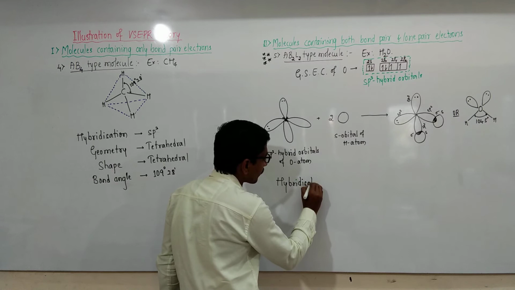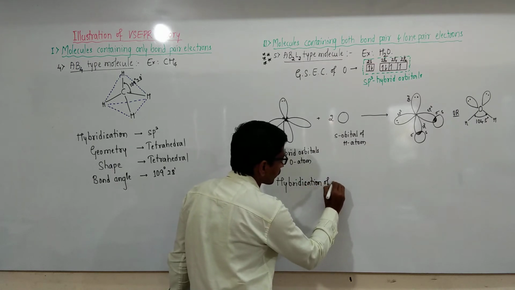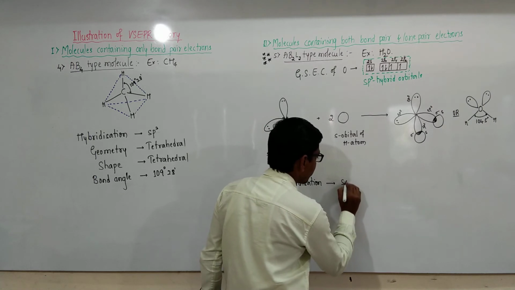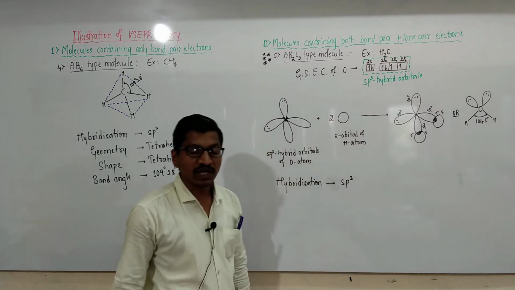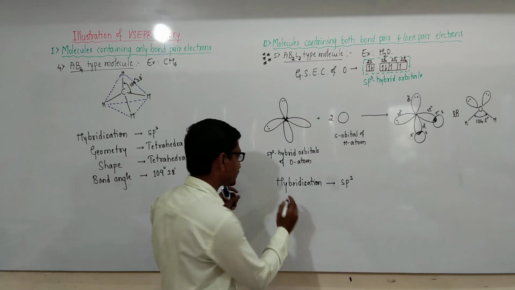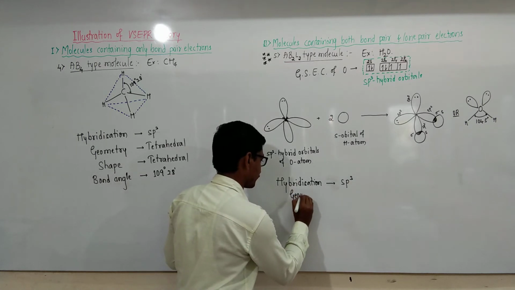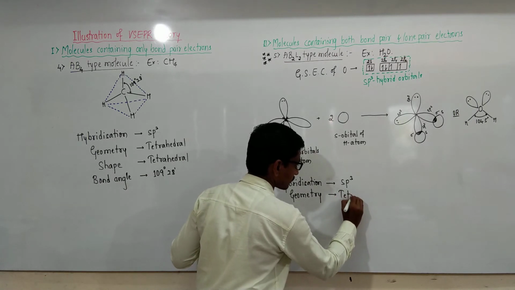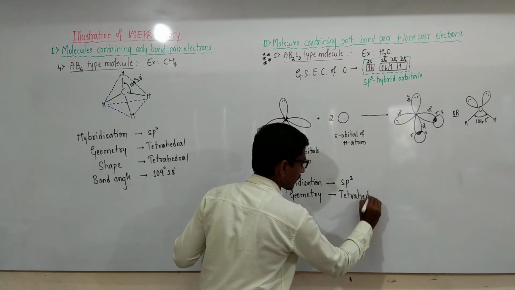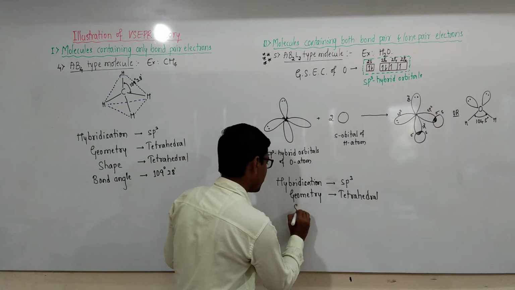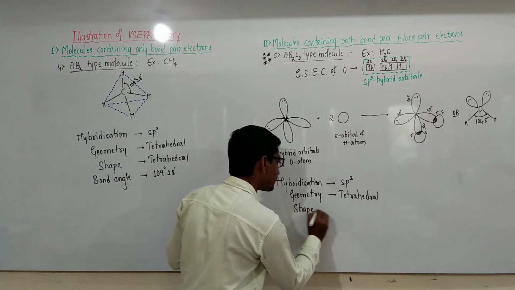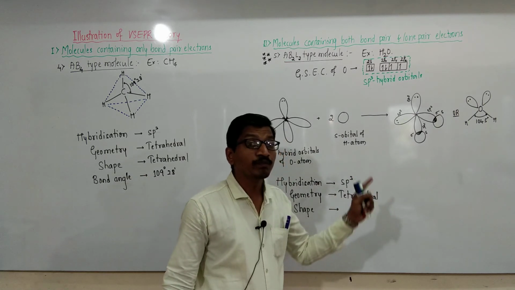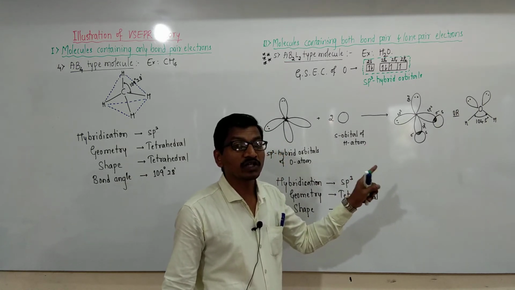Hybridization of central oxygen is sp3. With sp3 hybrid state of central oxygen, its geometry is tetrahedral. Tetrahedral geometry, but the shape differs from the geometry because it contains lone pairs of electrons, and due to lone pair repulsion.